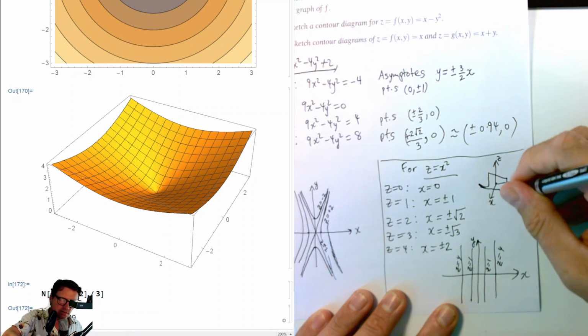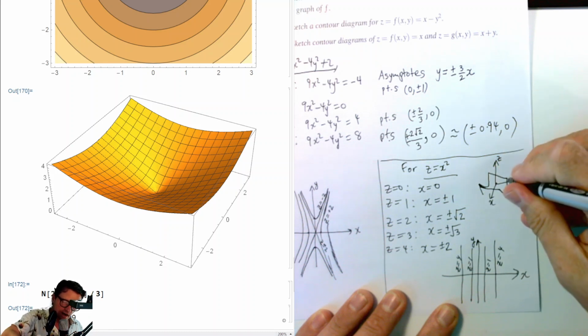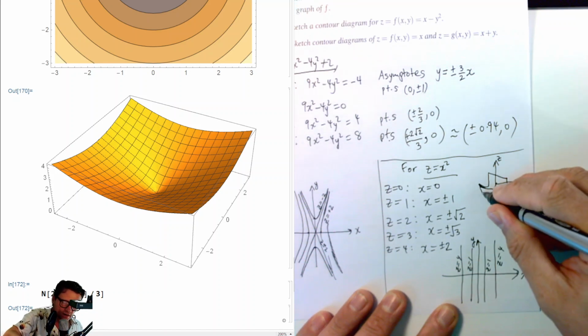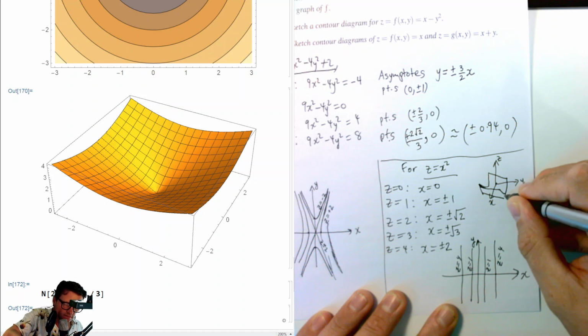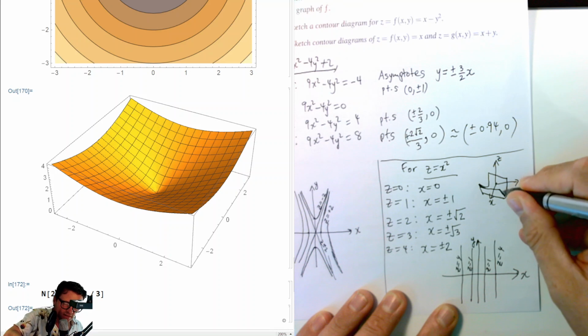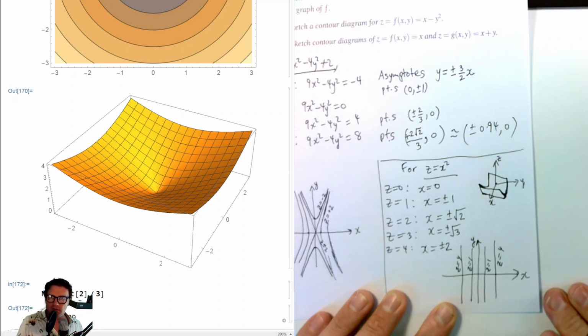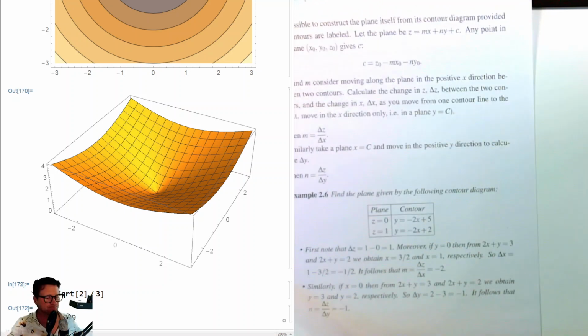It's hard to do, but I'm trying to draw vertical slices that are hyperbolas and horizontal slices or contours that are lines. Right, so hard to do. Okay, something like this. Okay, great. Moving on to the next page.